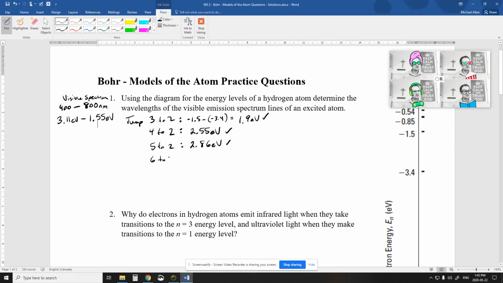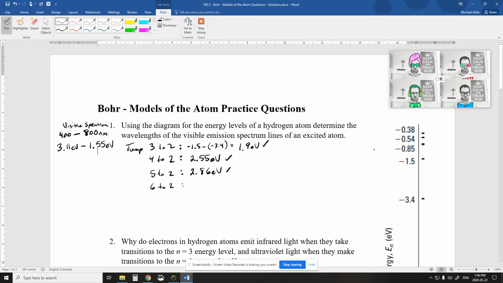What about 6 to 2? So getting a little bit large here. So 6 would be 3.4 minus 0.38. So 3.02. That actually might work out for us. 3.02 electron volts.